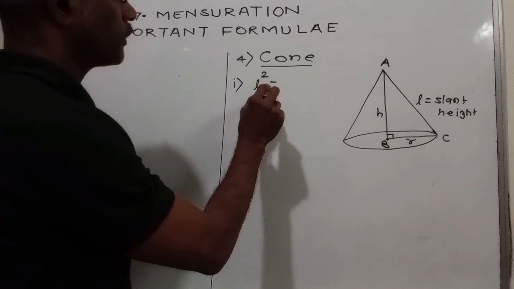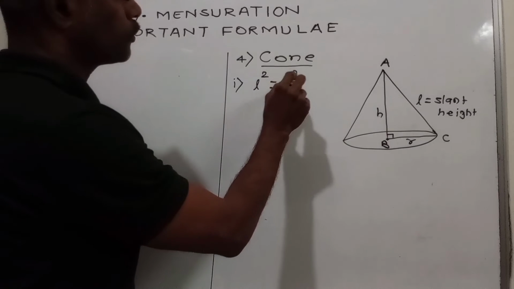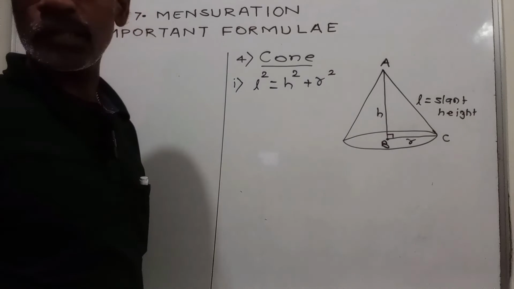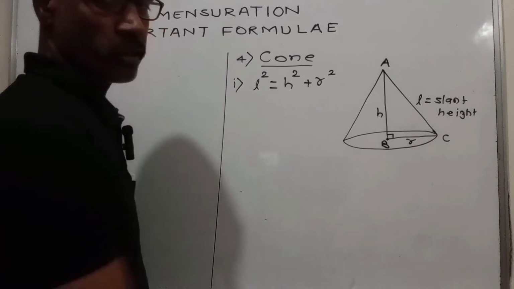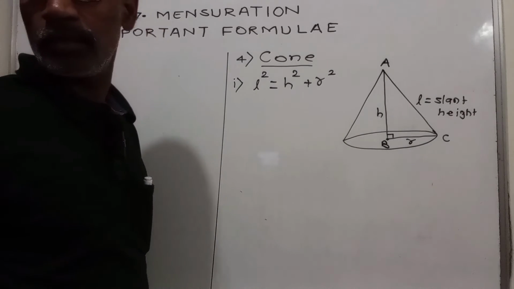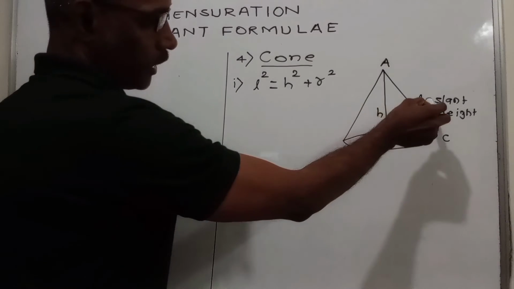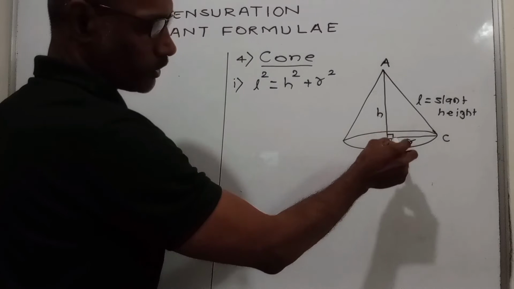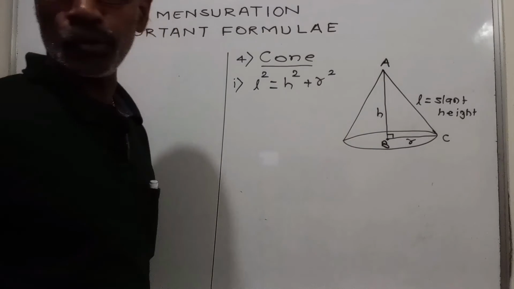From all this information, first formula, for slant height, l square is equal to h square plus r square. This is right angle triangle ABC. Therefore, l square is equal to, this is hypotenuse. If this is right angle, then this is hypotenuse.